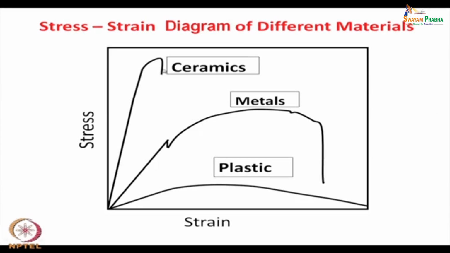So, it breaks. This downward line is actually the breaking point. After a very small amount of plastic deformation, almost negligible, ceramics break, whereas metal takes a lot of plastic deformation or permanent deformation before it breaks.